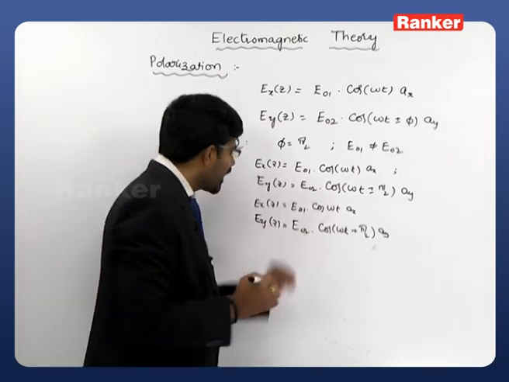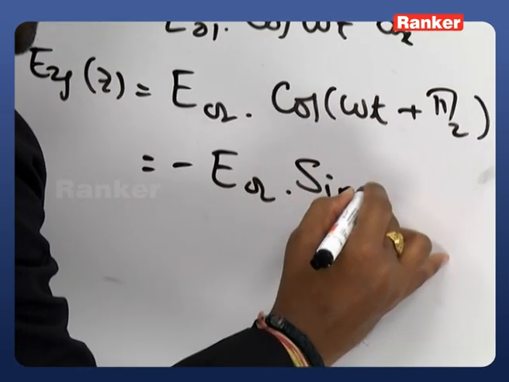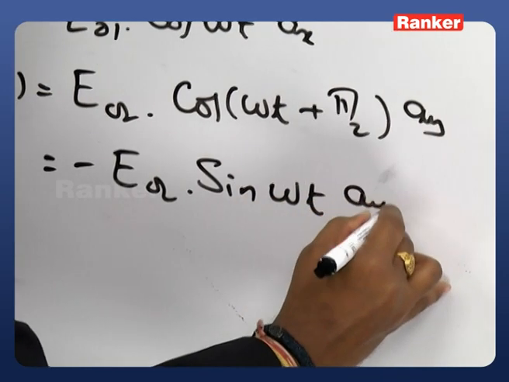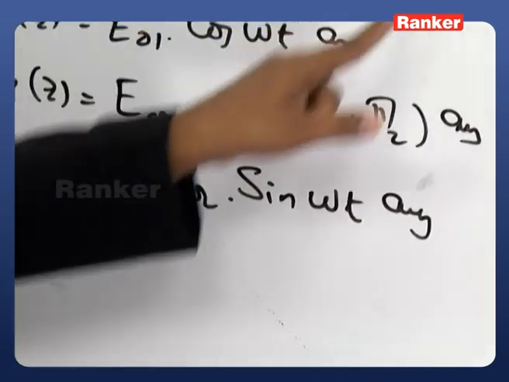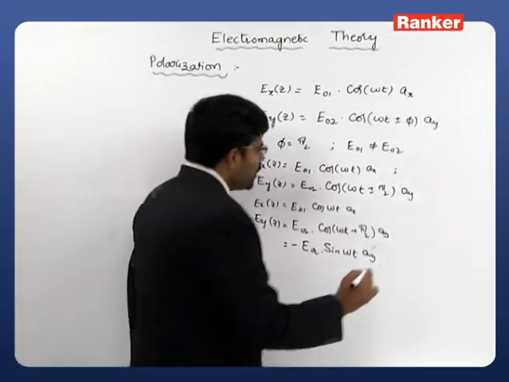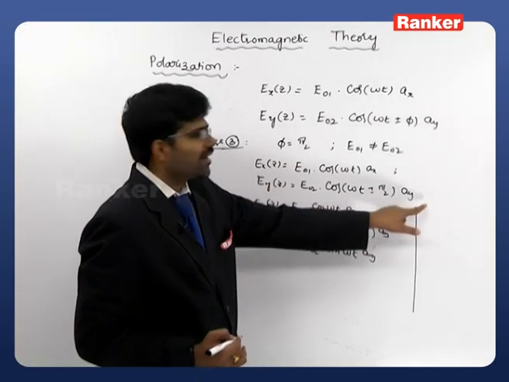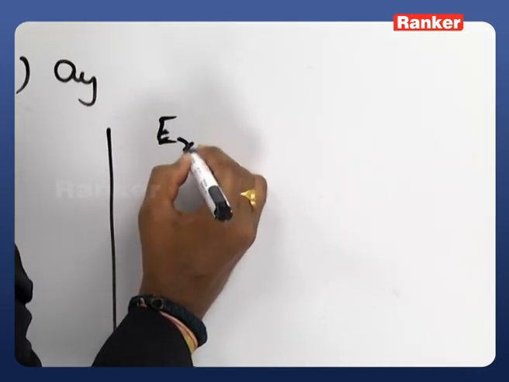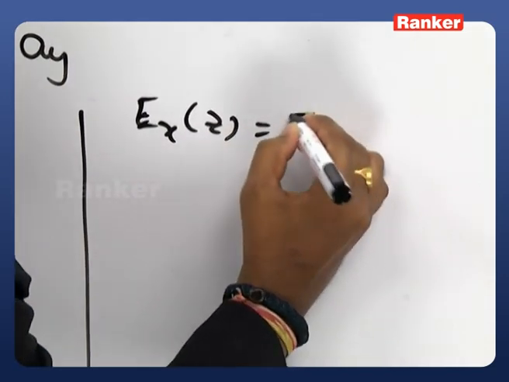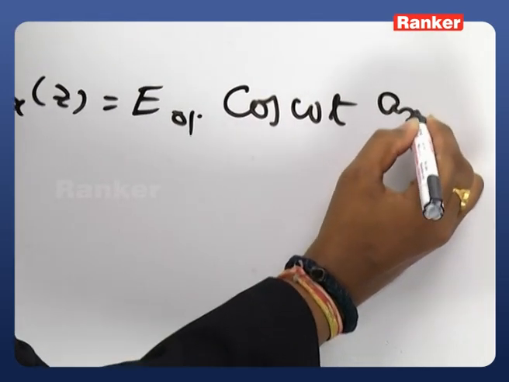Obviously it is minus sine, so minus E02 sin omega t Ay. These are the equations we take if phi is equal to plus pi by 2, right? In the same way I will consider minus pi by 2 also. Considering minus pi by 2, I will write down the equations once again. Ex of z is equal to E01 cos omega t Ax.